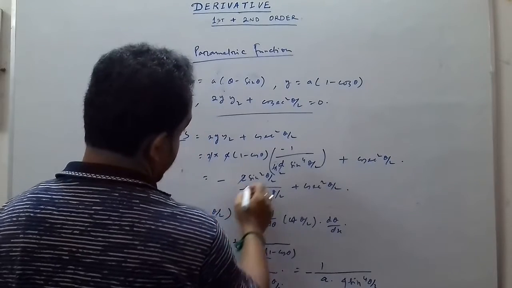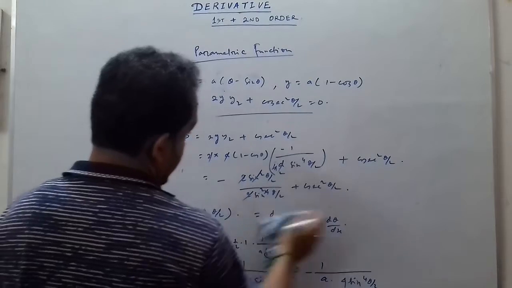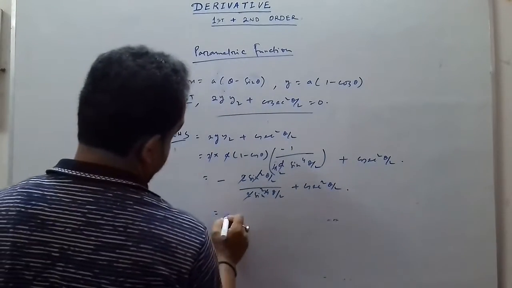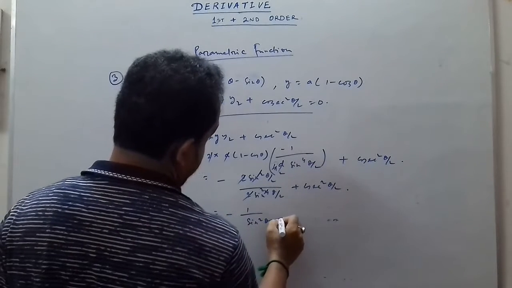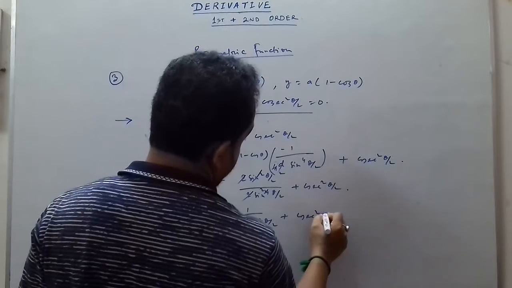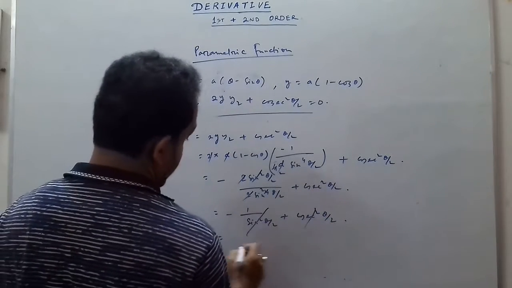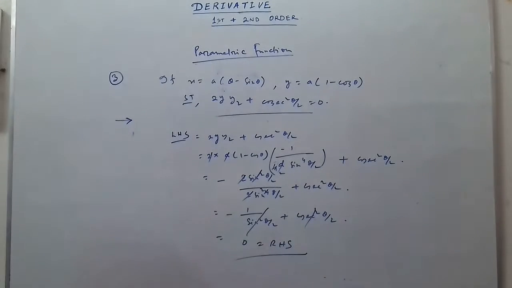Now a cancels, and 1 minus cos theta is equal to 2 sin square theta by 2. So here we find that 2 cancels, sin square theta by 2 cancels, and we get minus 1 over sin square theta by 2 plus cosec square theta by 2, which cancels and is equal to 0, equal to the right hand side.